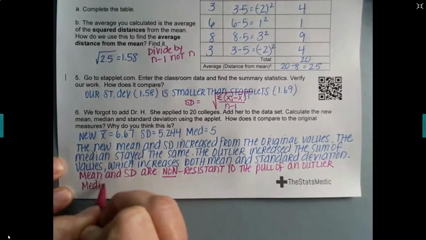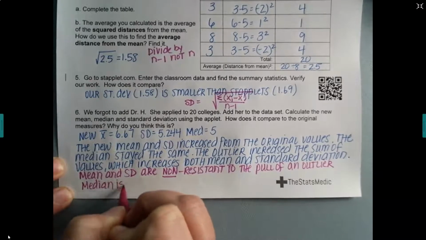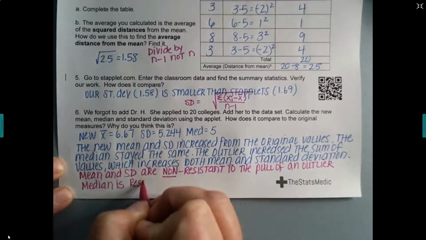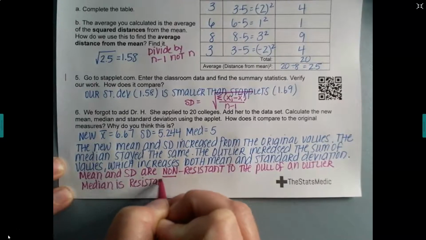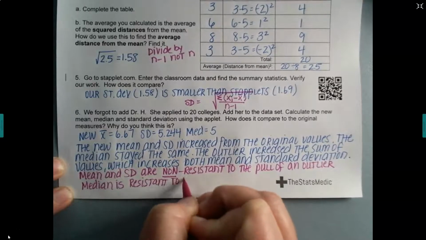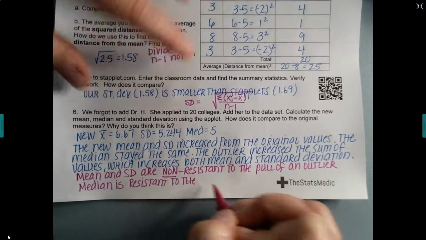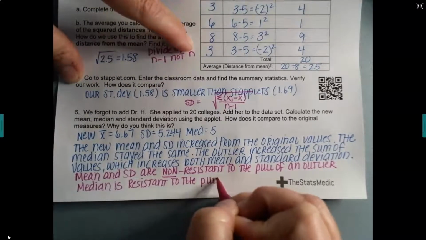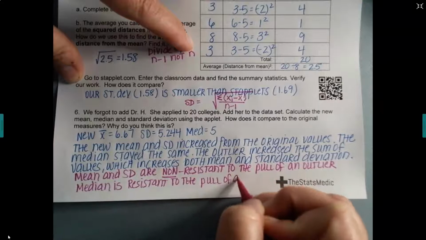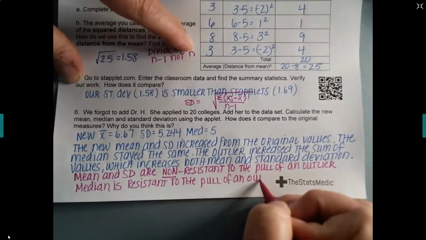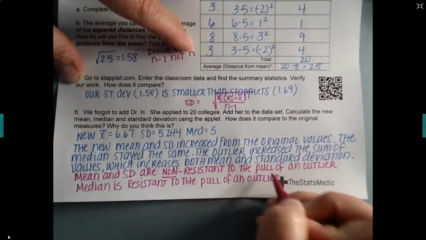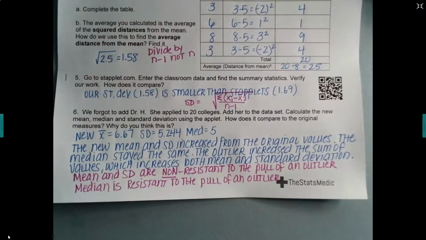Median is resistant to the pull of an outlier.